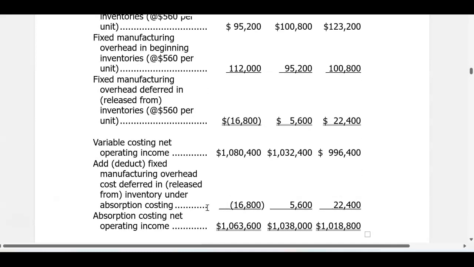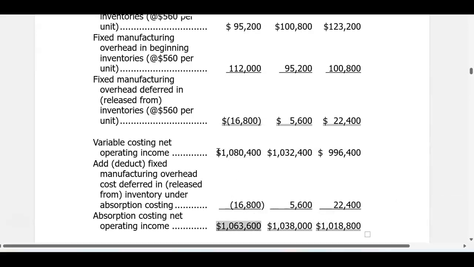So variable costing operating income, add fixed manufacturing overhead cost deferred in release from inventory under absorption costing. Then absorption costing net income will be $1,063,600. So look at these two numbers, that number and that number.